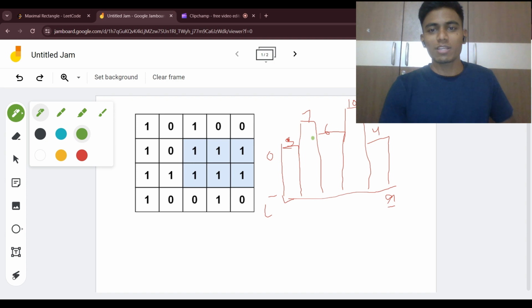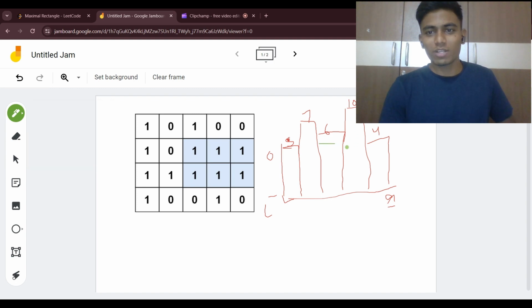Yeah, we can use this particular 5, and then for this it is 6, so we can use this particular 5, and then for this 10 we can use this 5, and then for this the height is 4, so the 5 will be like this, and then 4 will be like this. So it is not possible to build this particular rectangle with the height of 5. So we cannot go beyond this particular ending.